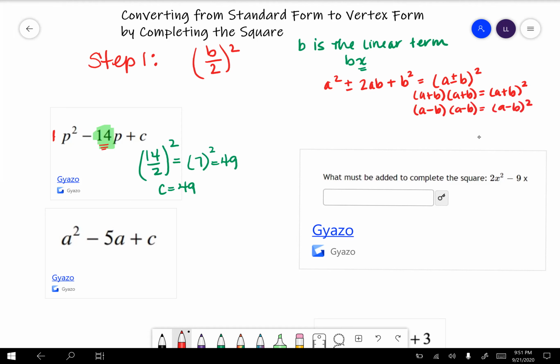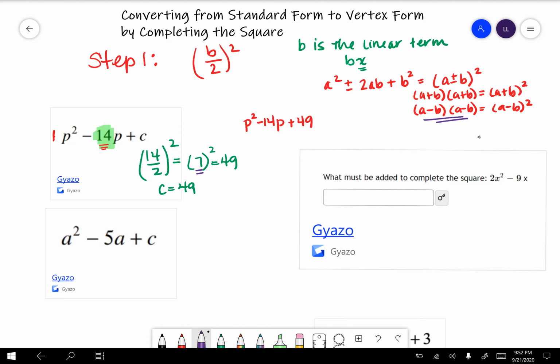So in this case, if C is 49, that means our expression can be written as p squared minus 14p plus 49. So let's talk about how to rewrite this in a different way. We just found out that 14 divided by 2 is 7. That is the number that actually goes in the parentheses.